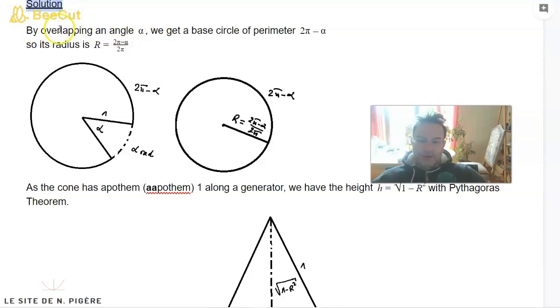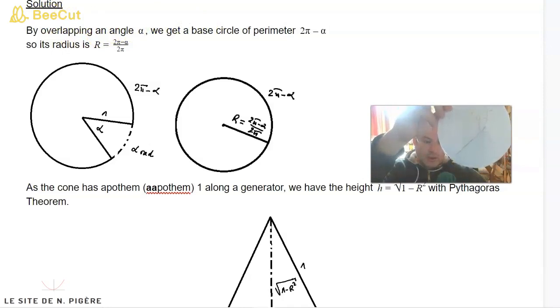The first thing we can notice is that when we overlap an angle alpha, we get a base circle of perimeter 2 pi minus alpha. So I can show this.